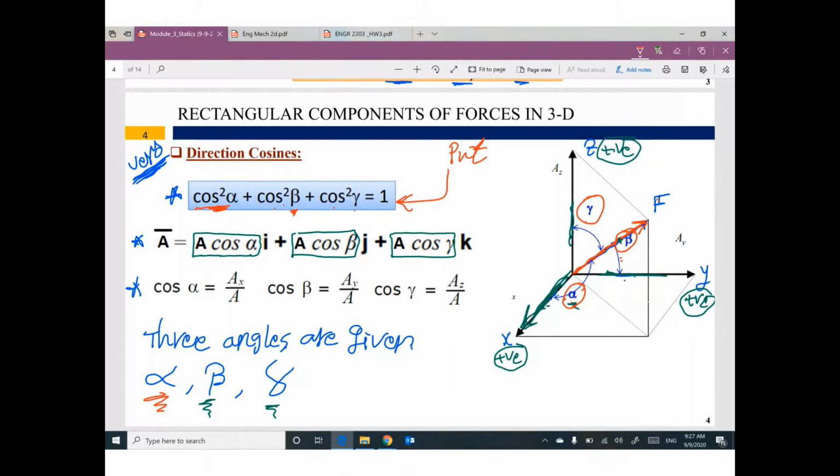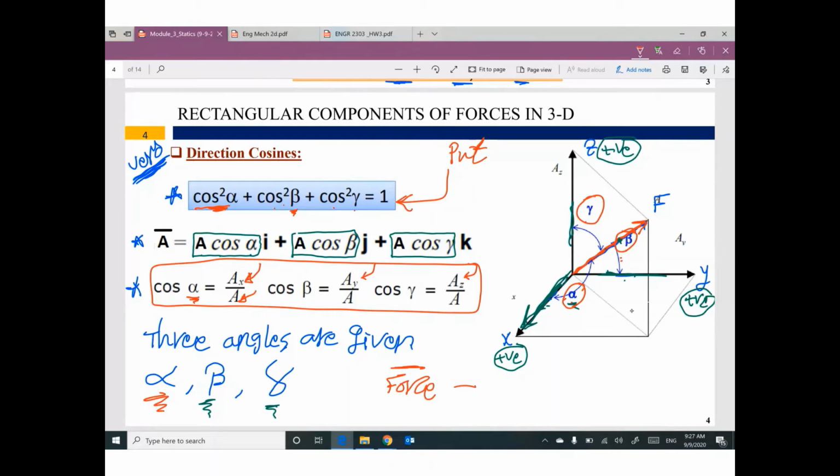One more thing. If the x component is given and the force is given, I can figure out the angle alpha. Y component is given, Z component is given, so the force is given as a vector.